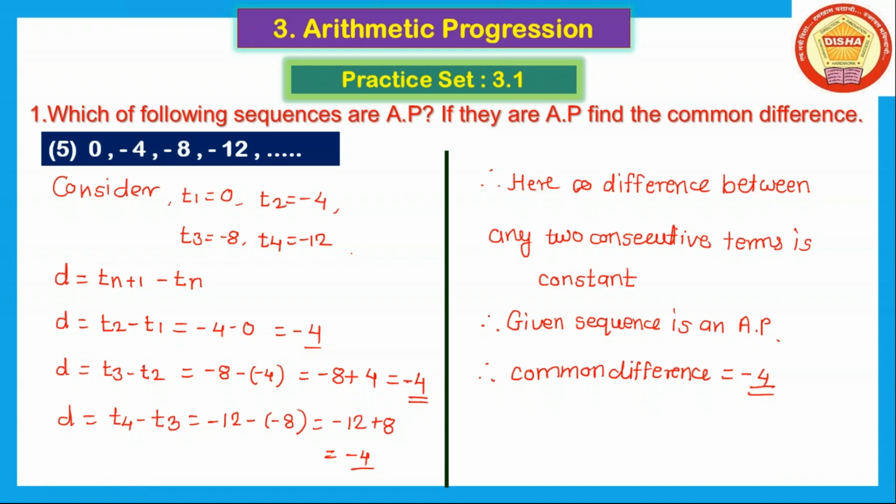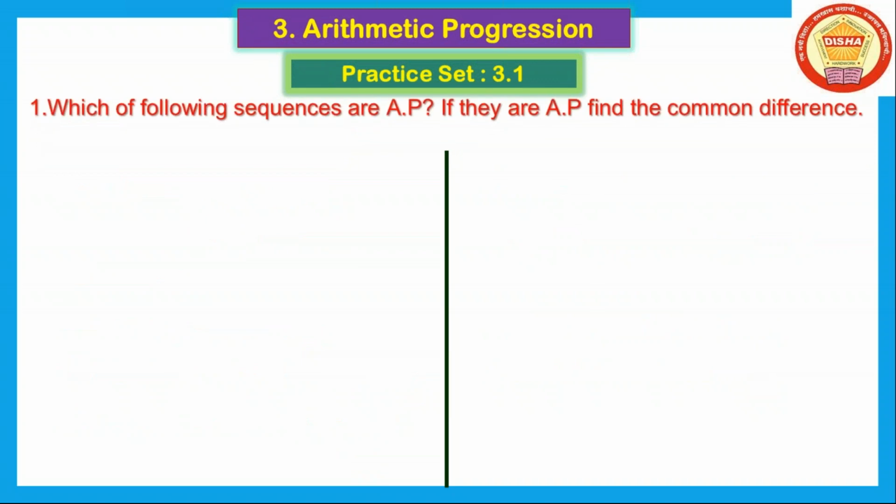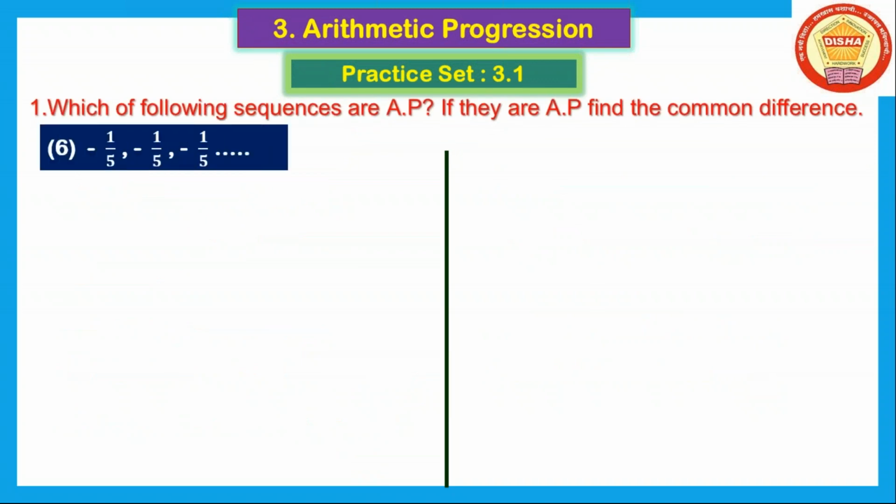Okay. Then we see example number 6 from question first. See here. The numbers are negative 1 upon 5, negative 1 upon 5, negative 1 upon 5, and so on. Okay. From given example, we consider here T1 is equal to negative 1 upon 5, T2 is equal to negative 1 upon 5, T3 is equal to negative 1 upon 5.